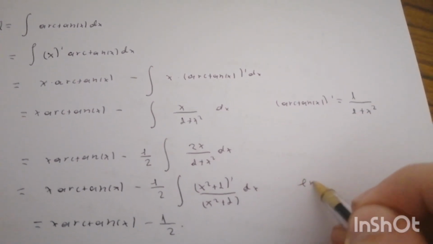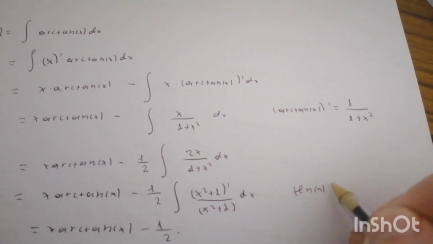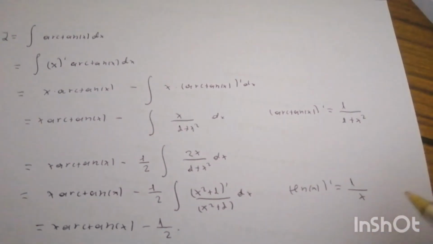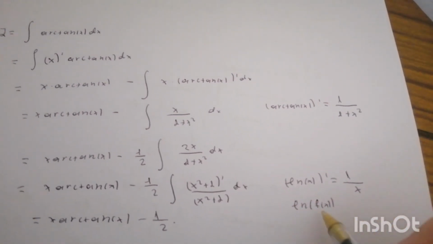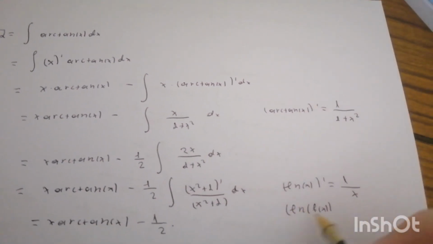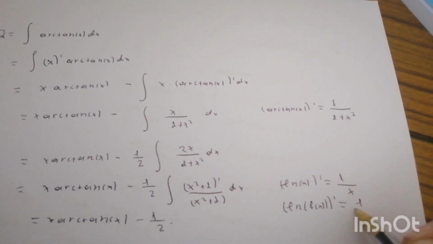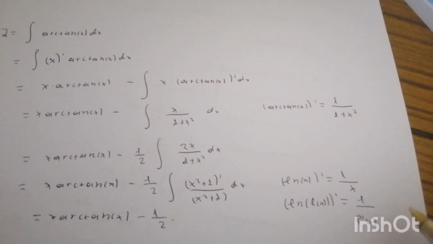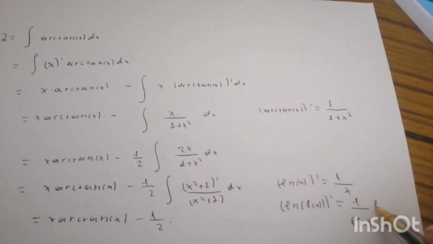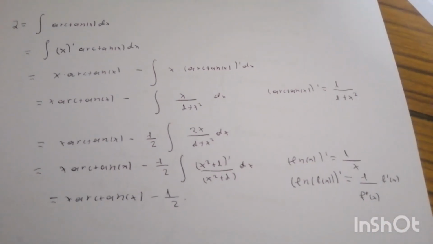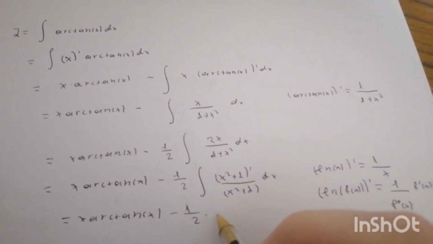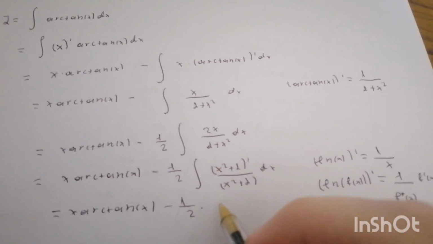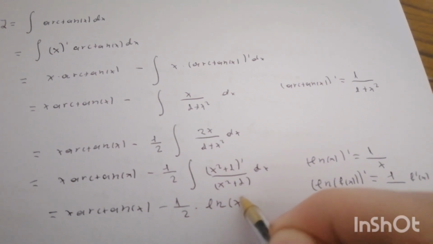What is the derivative of the natural logarithm of x? It is 1 over x. But now we have a function, and the derivative of the natural logarithm of f of x is 1 over f of x times f prime of x. Therefore, this integral is the natural logarithm of x squared plus 1.